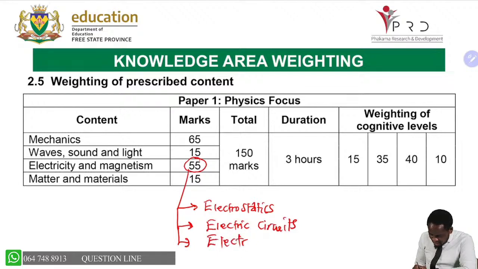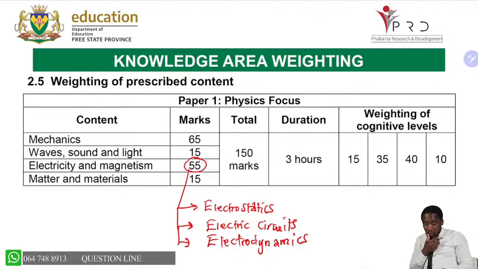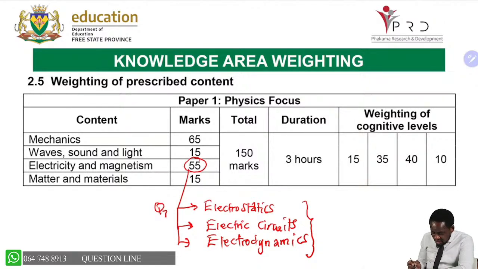If you check, it says electro, it means it has to do with the electron, right? Electrodynamics has to do with the motors and generators or electrical machines. So the 55 marks is a total of those three. Electrostatics will typically be your question 7 in section B, electric circuits will be question 8, and then electrodynamics will be question 9, right?